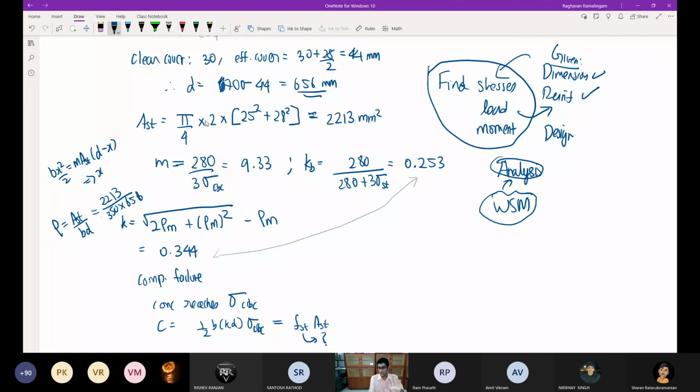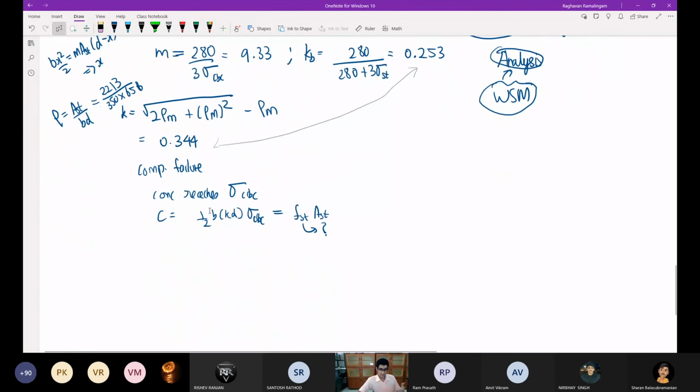So that's why simple type of analysis problems as covered in this class alone will be asked as far as working stress method is concerned. So this is all that I'm going to do in working stress method. We are finishing with working stress method, and from next class, we'll start with the concepts of limit state method and the associated problems. Okay, so with this, I'll stop. Try to complete this problem and tell me what you get.